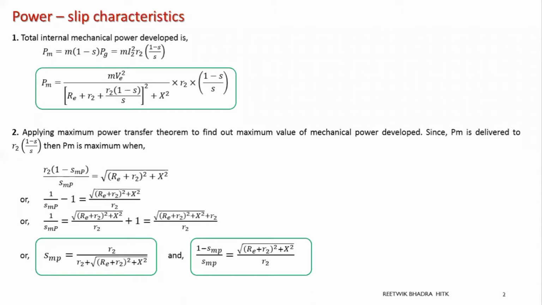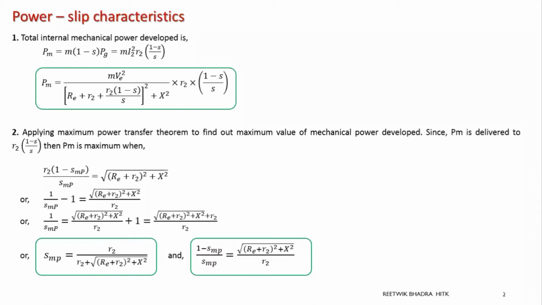In order to write the power slip characteristics, we have to find out how your power is dependent on your slip. If you calculate your mechanical power, we calculated it as (1 minus S) into PG. Since it is a three-phase induction motor, we have to multiply with 3, which is indicated by M. This M term I have already shown you in previous lectures.